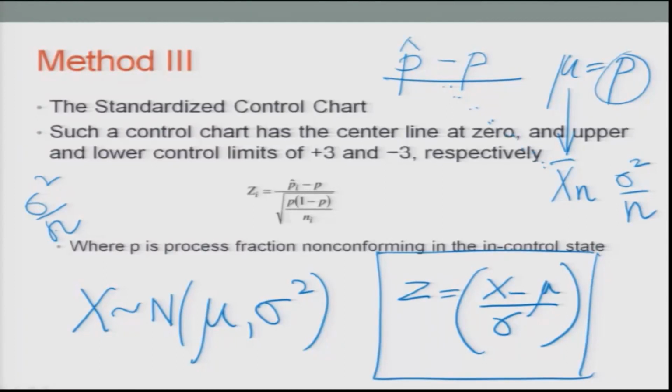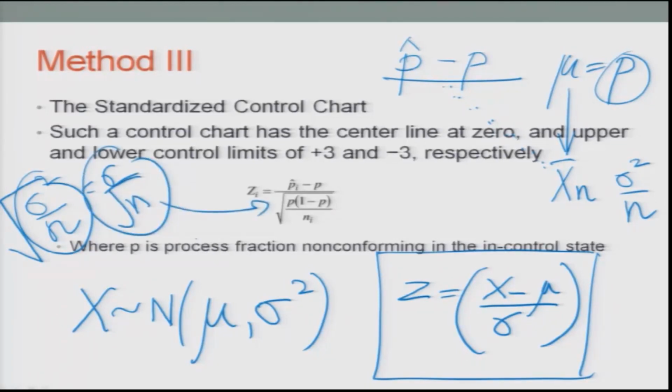This whole term would be replaced, and obviously you have to take the square root of that, which is sigma by square root of n. So, technically, in that case p hat would be there: the square root of p hat into 1 minus p hat, which is q, divided by n. This is the formula for the binomial case.